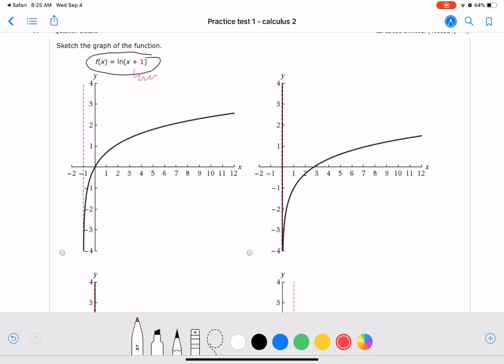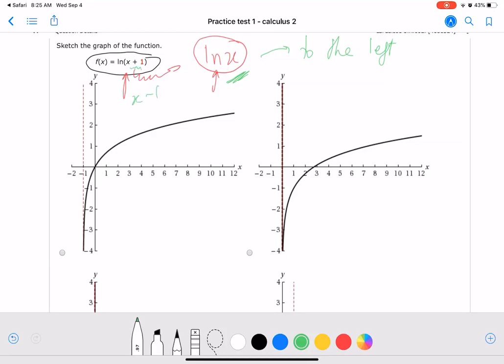So you can guess ln x plus 1 is very similar to ln of x, right? You can obtain the graph of ln of x plus 1 from the graph of ln of x by shifting the graph of ln of x to the left. Why? Because here you have x plus 1.